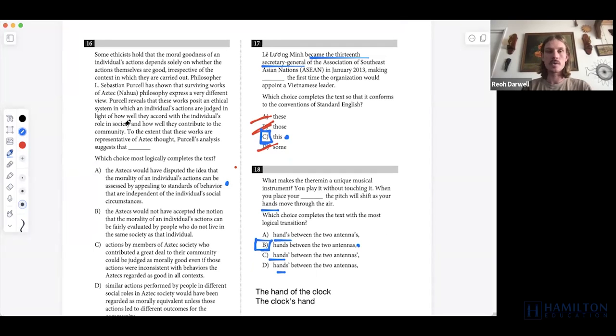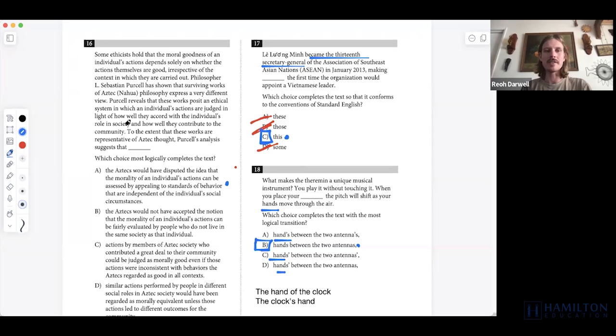What are we supposed to do? What ought we to do? So some ethicists hold that the moral goodness of an individual's action depends solely on whether the actions themselves are good, irrespective of the context in which they are carried out. All right, so this is saying that some ethicists believe that we can determine the morality, the goodness of an action only based on the action itself. We don't have to consider anything else, right? Things are either good or they're bad, simply put.